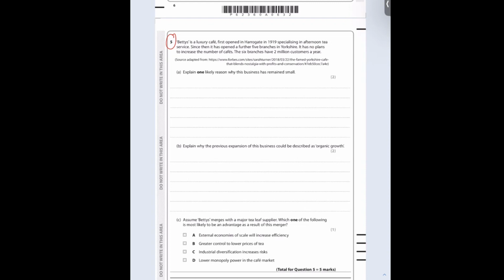Well, there can be lots of different reasons. We can think about the managers wanting to maintain control of the business, stopping from having diseconomies of scale from growing too quickly. Maybe they're not actually making a significant amount of profit, or maybe they've got too much debt, and maybe it's difficult to finance expansion.